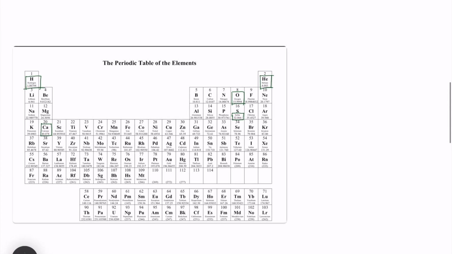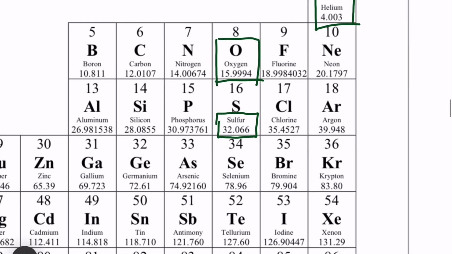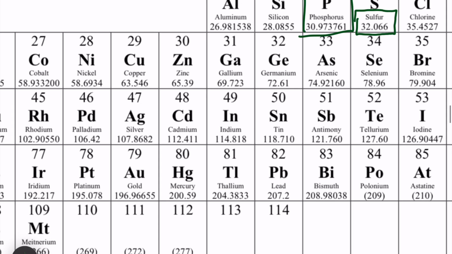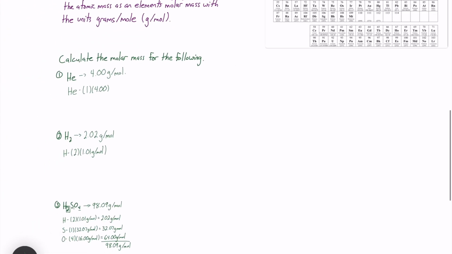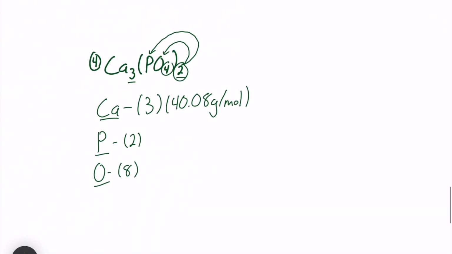Next up, we need phosphorus. So let's go find phosphorus on our periodic table here. Phosphorus is right here beside sulfur. We have a molar mass for phosphorus of 30.97 grams per mole. So 30.97. Perfect.